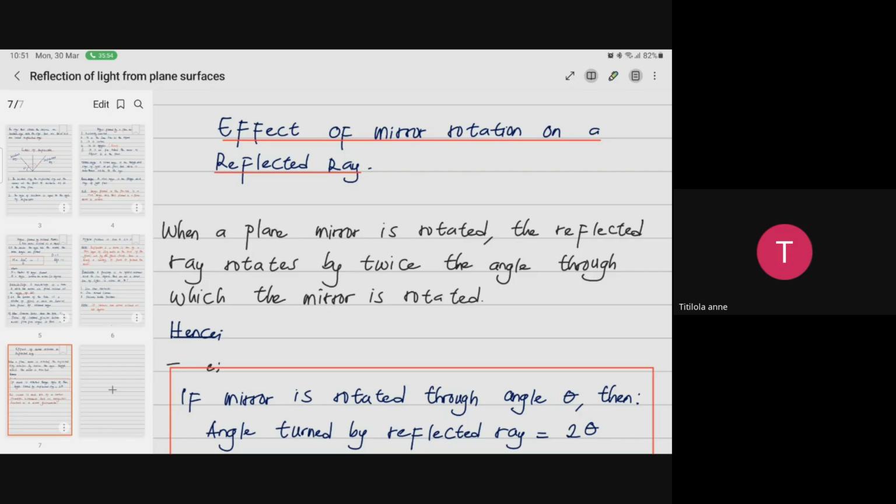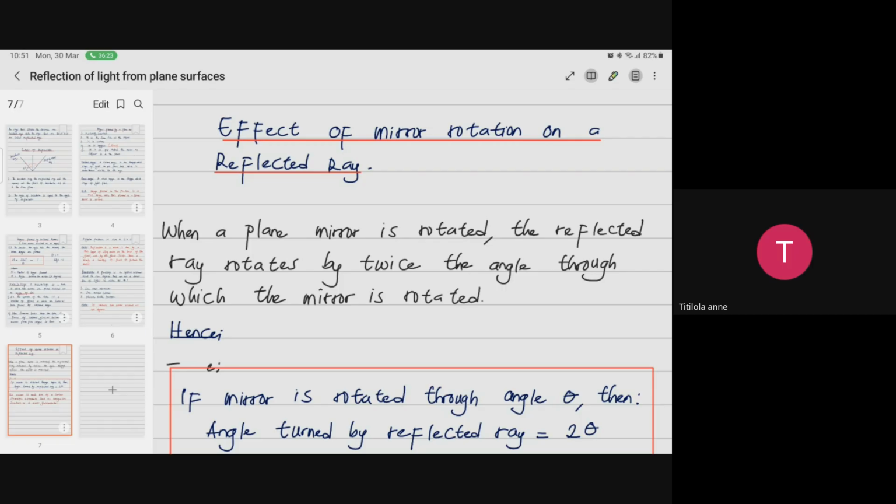So let's say that I rotate the mirror by 20 degrees. It means that the reflected ray is going to rotate by what degrees? 40 degrees, because 2 times 20 is 40. So that's the principle or the effect of rotating the mirror on the reflected ray. So when I rotate the mirror by 50 degrees, it is expected that the reflected ray is going to rotate by what? 100 degrees. Yes, 100 degrees.